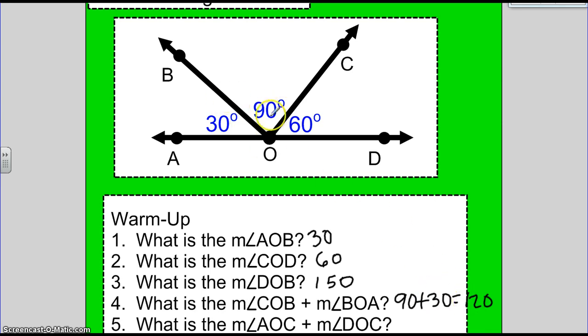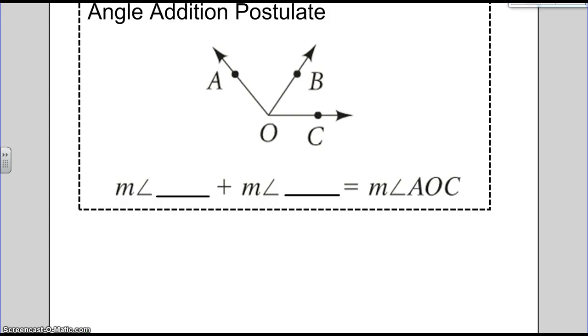And then A to O to C, that's 120, plus D to O to C, 60. 120 plus 60 is 180. So this is just basic addition with angles.